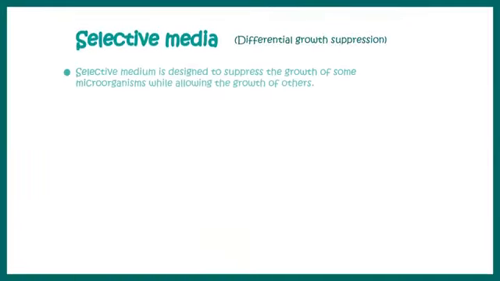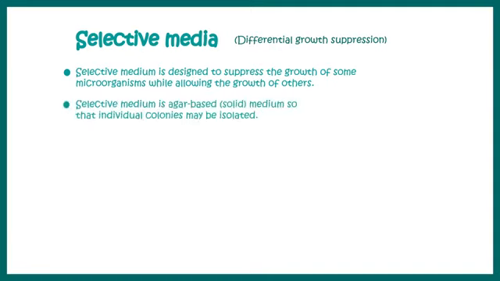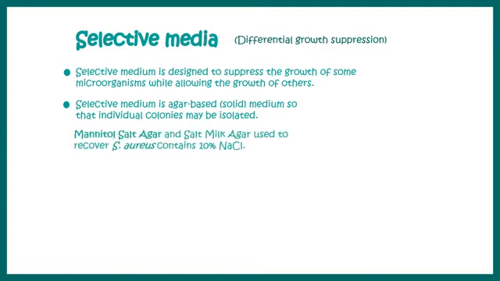Next, let's talk about selective media. In selective media, we design the media to suppress the growth of one category of microorganism while allowing the growth of another category. Selective media is agar-based, and generally individual colonies can be isolated from it.